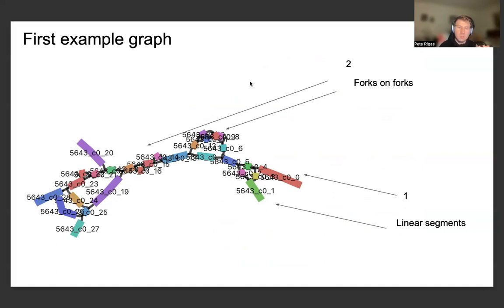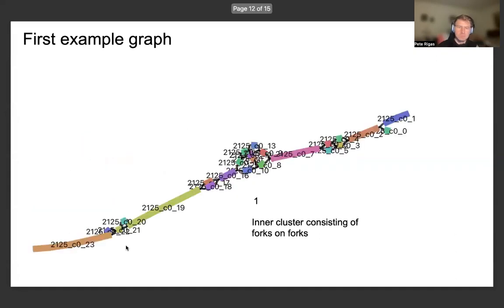What I mean by forks on forks is that there can exist some vertices, as we see here in this cluster, which have degree greater than 1. And within any one of these segments which have a vertex of degree greater than 1, there can also exist other vertices with degrees greater than 1, which are further branching off and demonstrate further complications and further possibilities for different sequences generated from the transcriptome assembly procedure.